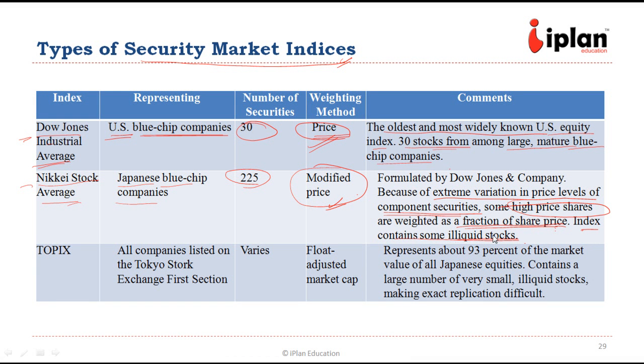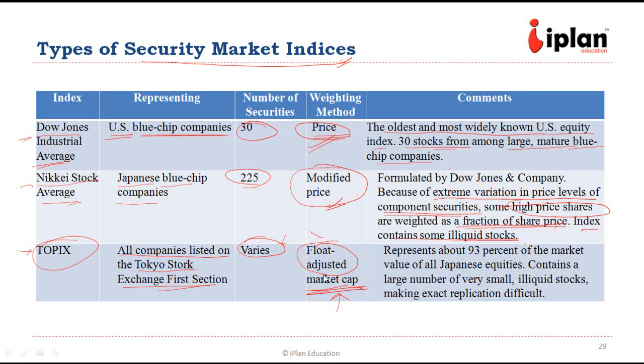Another example of security market indices could be TOPIX, where all companies listed on the Tokyo Stock Exchange first section are included. So as per the definition, it is a broad market index. The number of securities included varies and it uses float adjusted market capitalization. We have already seen it excludes the market capitalization of those shares which are not being traded in the market.